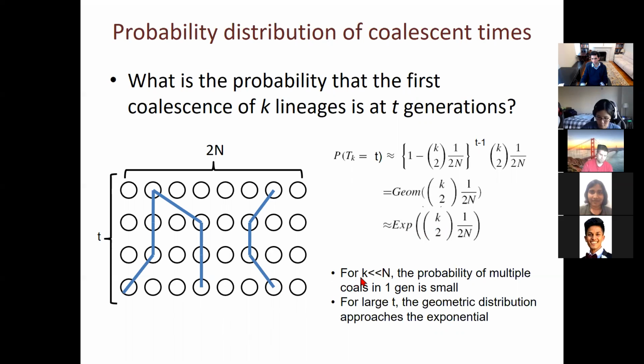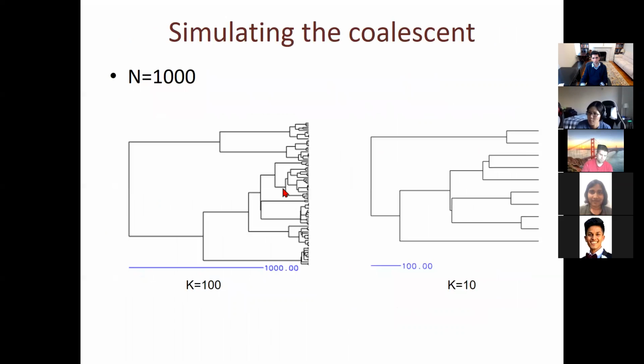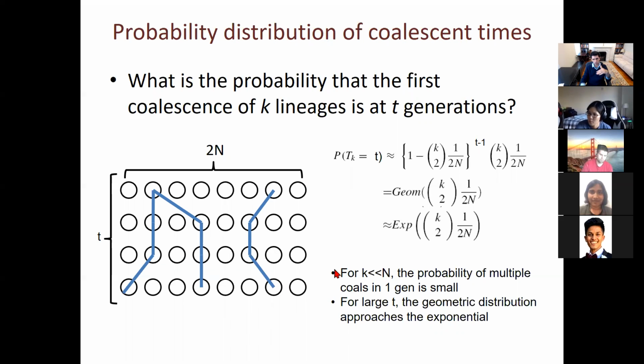Therefore, for K lineages coalescing, where K is much smaller than the number of individuals in the population, the probability of multiple coalescences in one generation is very small. And for large times, the geometric distribution well approximates this exponential. So basically, this is a geometric drop-off of how slowly things will eventually coalesce.